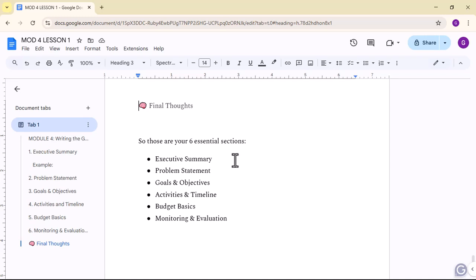Now, every funder may use different formats, like I mentioned, but these are your core building blocks. Remember, these six essential sections are the foundation to whatever grants you'll be writing in the future.